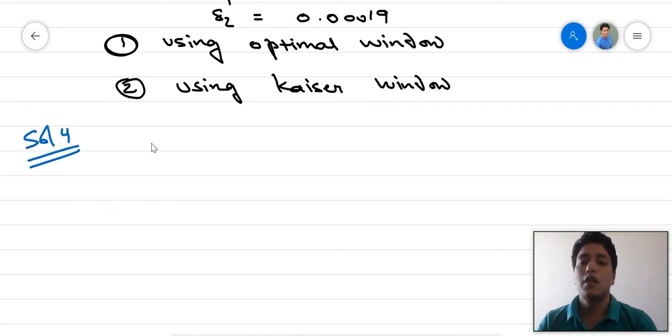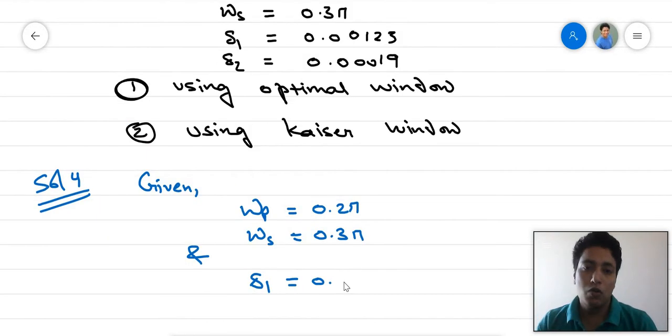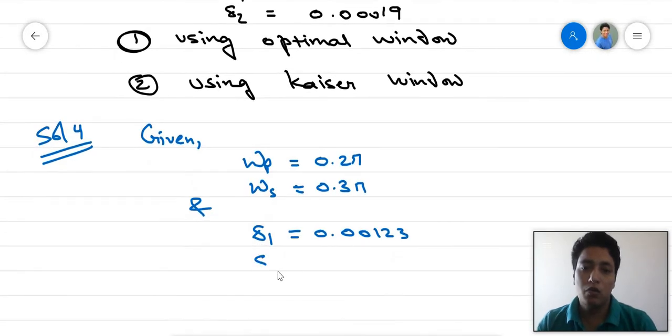So first we list all the given items. Omega p is given as 0.2 pi, omega s is given as 0.3 pi, delta 1 is given as 0.00123, delta 2 is given as 0.00019.